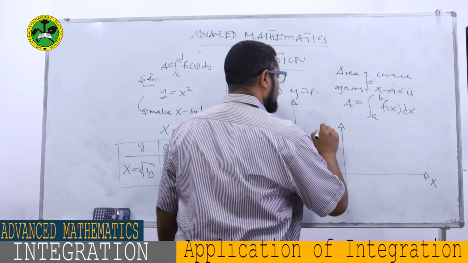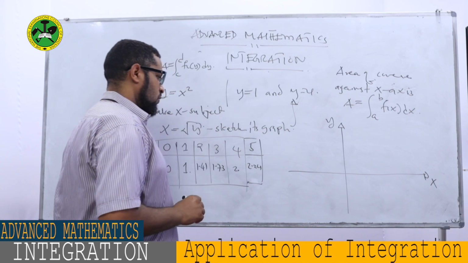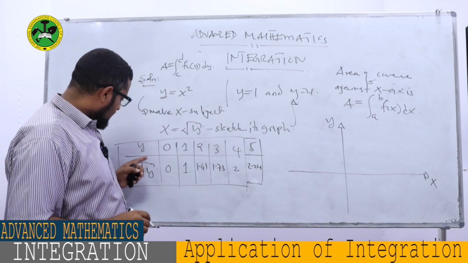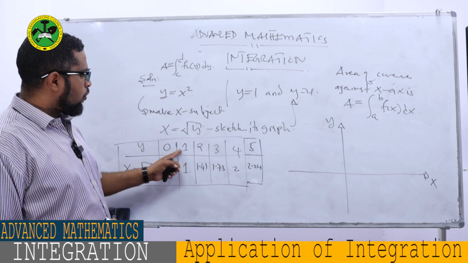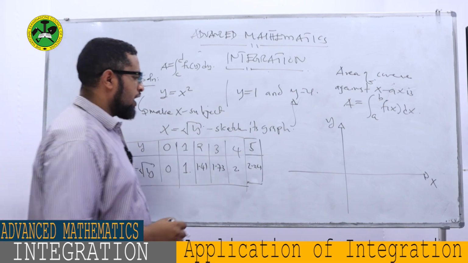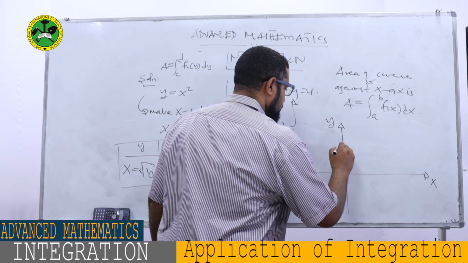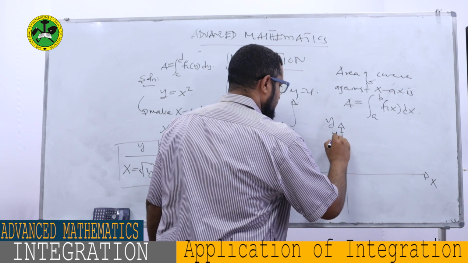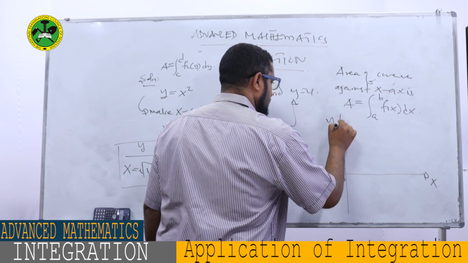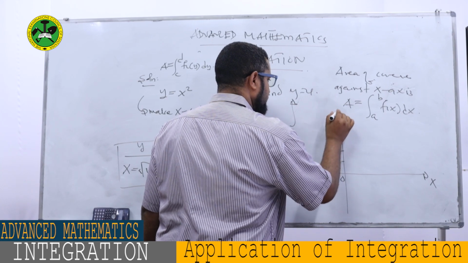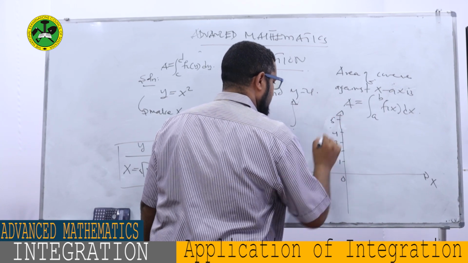That is x and that is y. Our y is 0, 1, 2, 3, 4, 5.